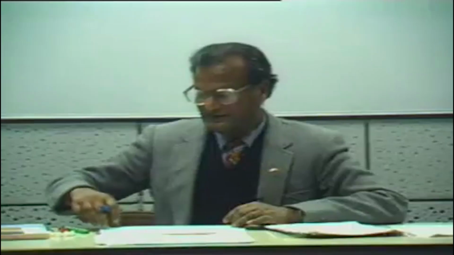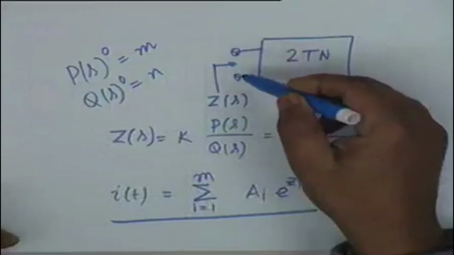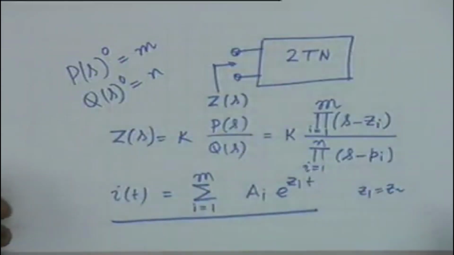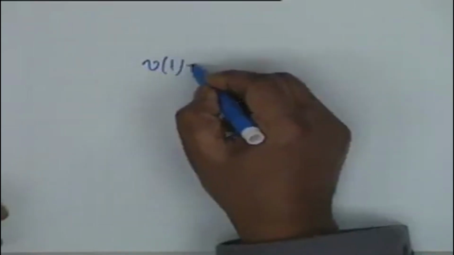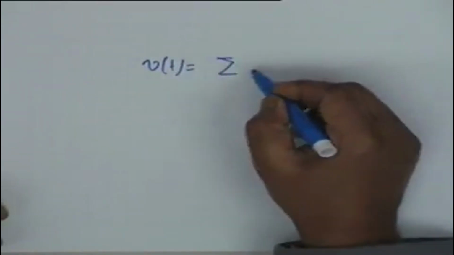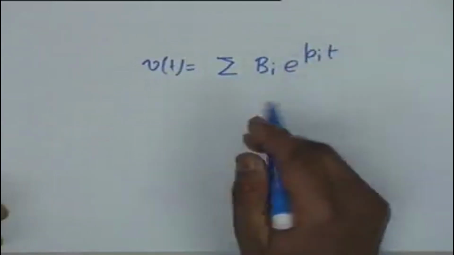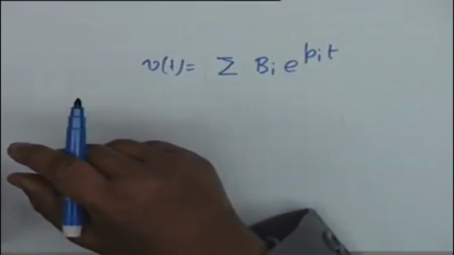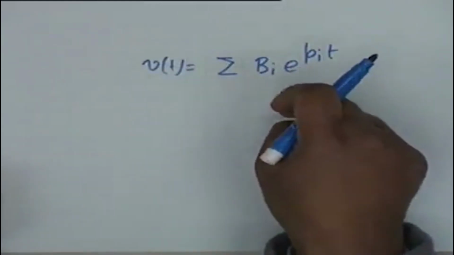On the other hand, if these terminals are left open, then the natural voltage response across the terminals shall be given by v of t equal to summation Bi e to the power Pi t, where i equals 1 to N. The poles now show their teeth: the poles determine the natural frequencies of the voltage response.